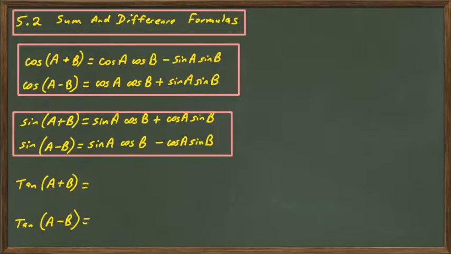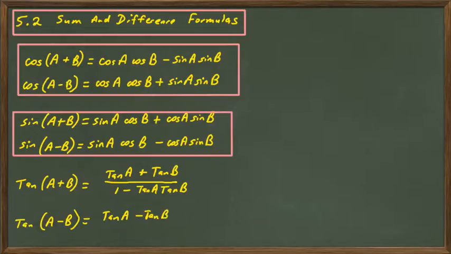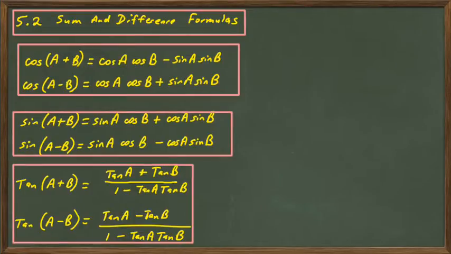If you have tangent, tangent of A plus B is going to be tangent of A, same sign, plus tangent of B, divided by 1 minus tangent of A times the tangent of B. The other one is the same thing, like I said: tangent A, same sign, tangent B, divided by 1 minus the product of tangent A times the tangent of B. And these should be the formulas.